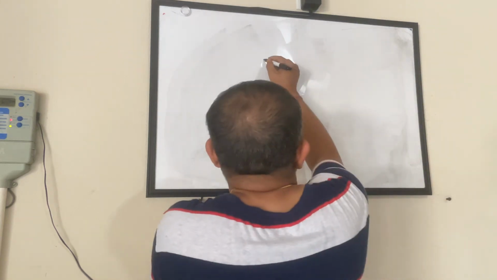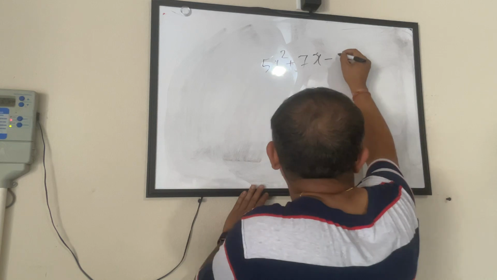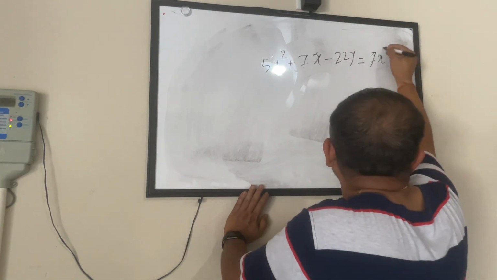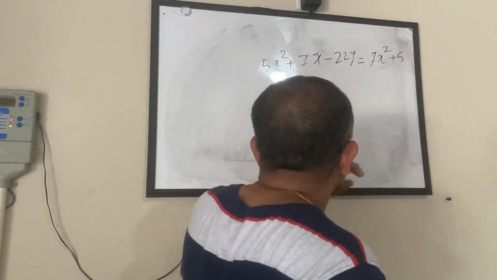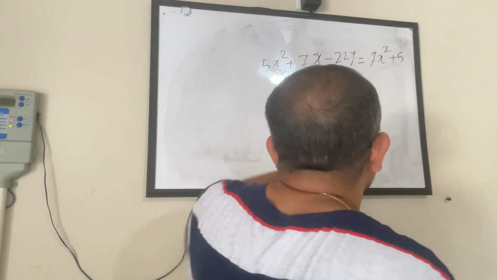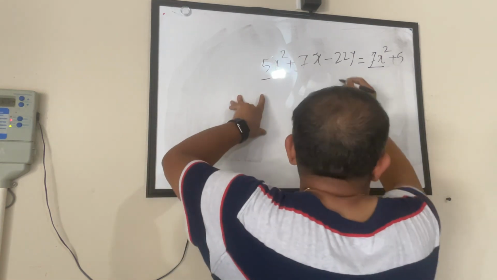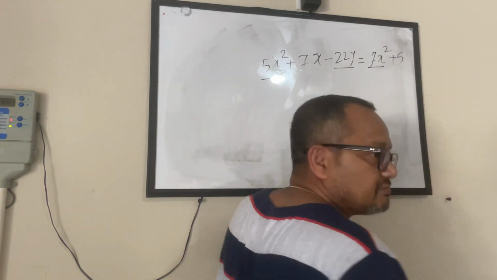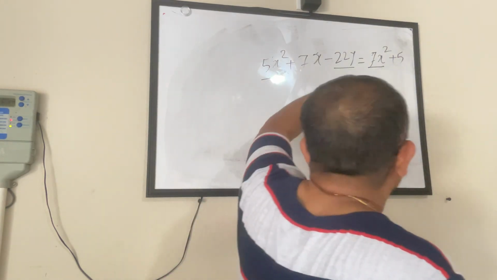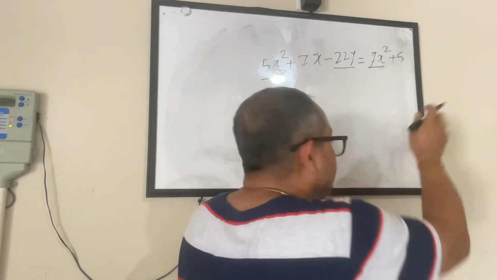If somebody says 5x squared plus 7x minus 22y equals 7x squared plus 5, the simple thing to do is always put similar things together. x squared has to be with x squared. y, if there is nothing, keep it aside. So basically, make sure that near the equal to sign, you have all the similar things on one side.